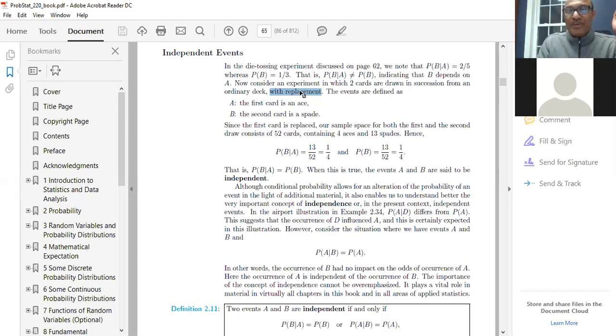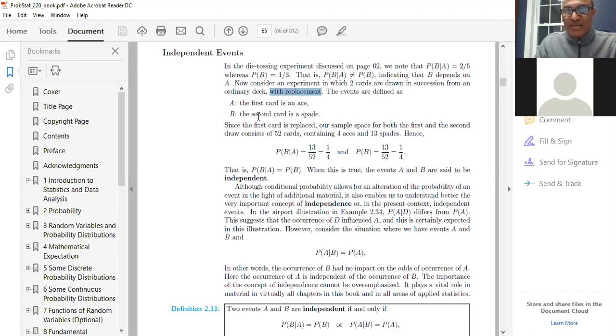So what is the probability of event A, the first card is an ace? 4 aces are there from the deck of 52, so I can say 4 divided by 52.